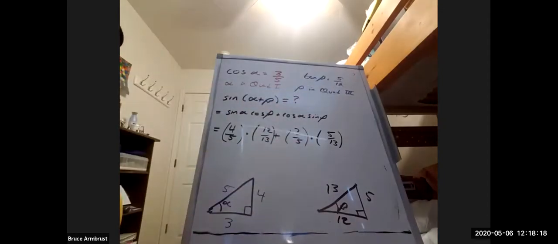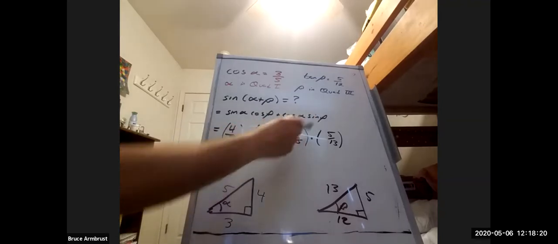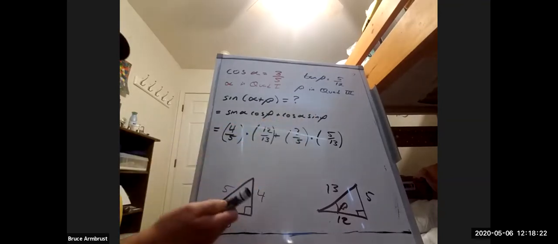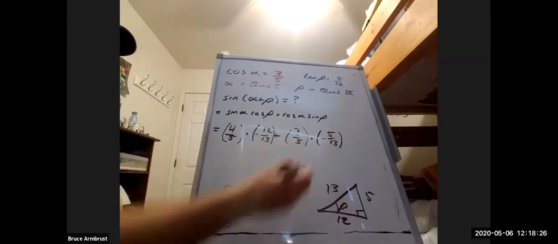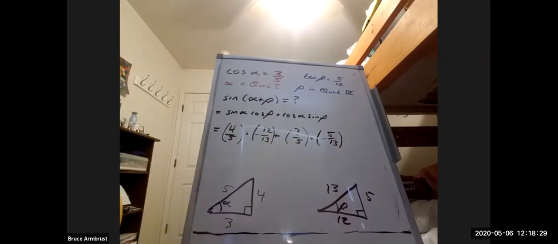Beta is in quadrant 3, which means cosine and sine are actually both negative. So we need to put a minus sign on those because we're not in quadrant 1.